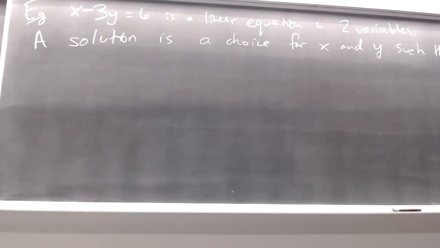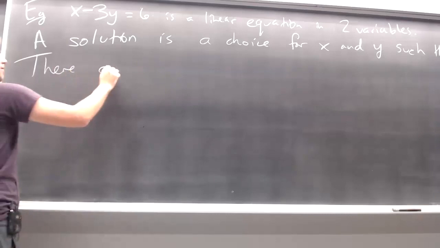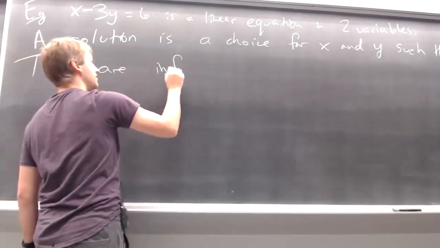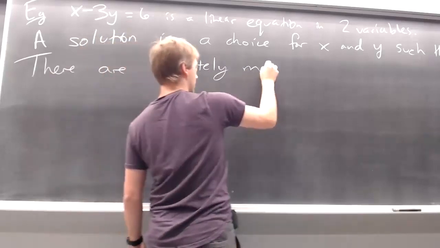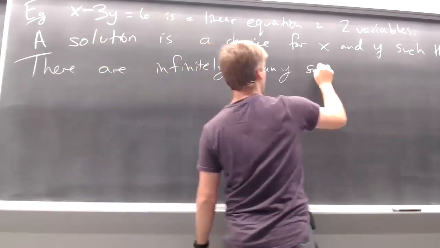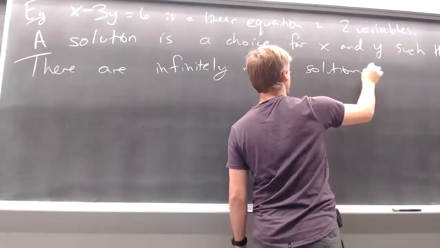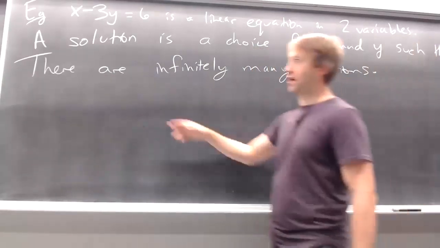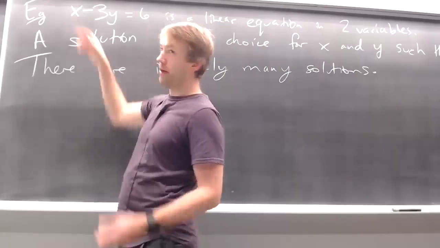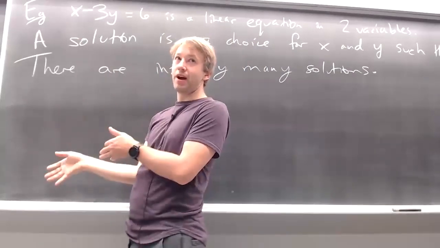Can anyone see how many solutions there are to this equation? Yeah. So for this equation, there are infinitely many solutions, right? Because no matter what I put in, if I plug in a value for x, no matter what it is, I can always find a value for y.